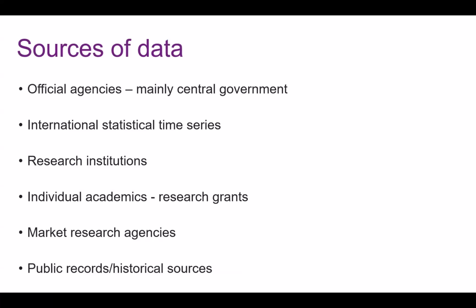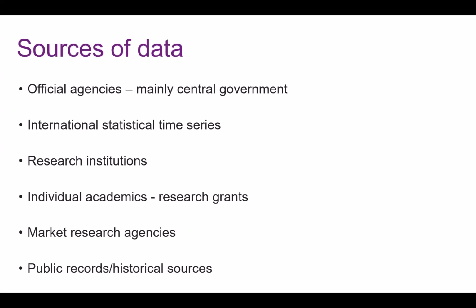And where does it come from? Well, again, that varies depending on the data type and some of the sources that you see here, including agencies and statistical time series. Those are going to be the main sources for our quantitative data. Most of the qualitative and mixed data comes through individual academics. So many of them are funded by research grants, often the ESRC, not exclusively though, will take data from other funders as well, including the Wellcome Trust and Leverhulme and others.